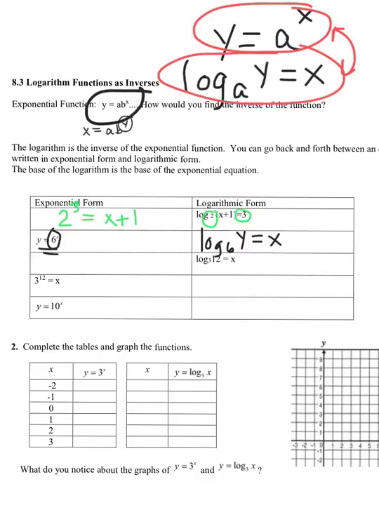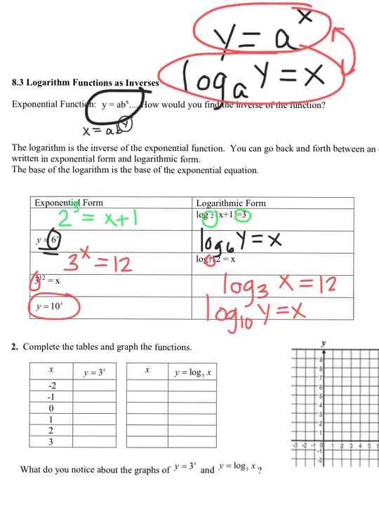Third one, it's going to be 3, because that's the base of the logarithm, to the x equals 12. This one's going to be log base 3 of x equals 12. And then the last one, y equals 10 to the x, we're going to write it as log base 10 of y equals x. So that's how you go back and forth between writing in exponential form and logarithmic form.